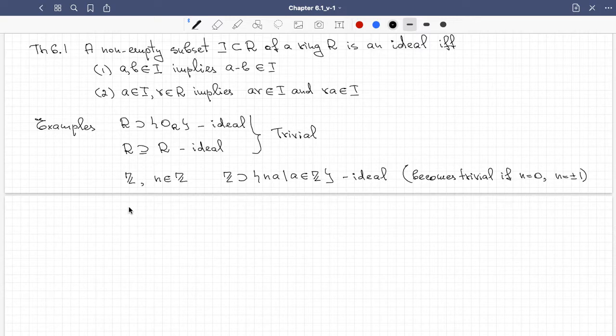Similarly, you may start with the ring of polynomials and consider a polynomial p, an element of this ring.